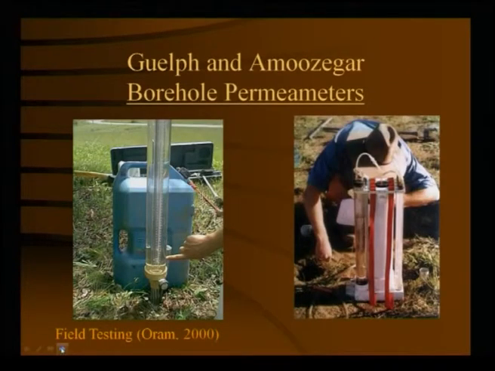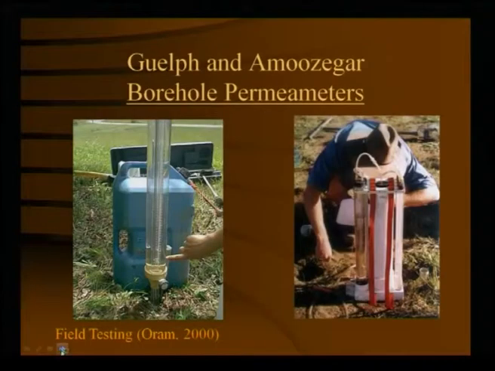Field testing, if you look at this, is called the borehole permeameter. One of the tests, as I said earlier, for field permeability: how do you find it out? One method is pumping in, pumping out; another is by means of a tracer; the third is by means of the borehole method. This is one of the field tests, called the borehole permeameter or permeability test.